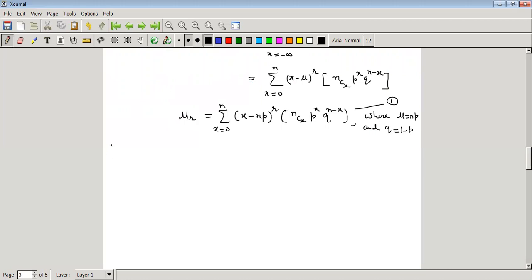So differentiate equation 1 with respect to p. We have d by dp of mu r, that is equal to the summation x is equal to 0 to n.